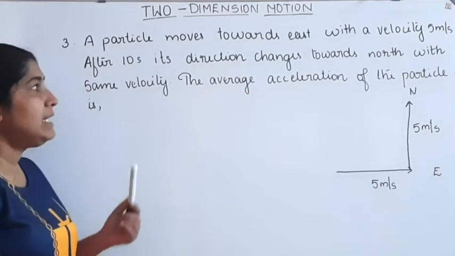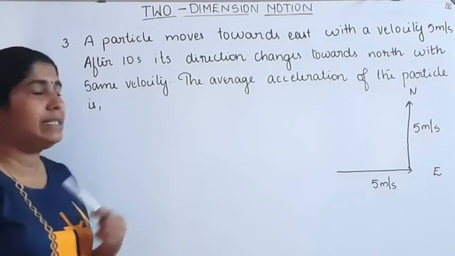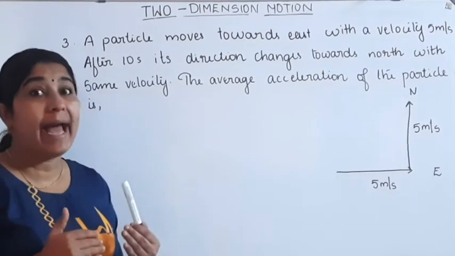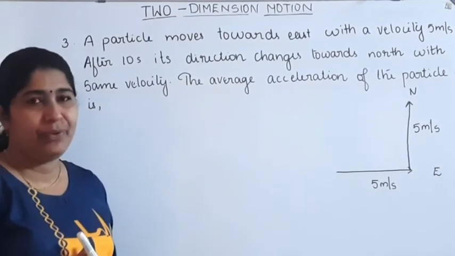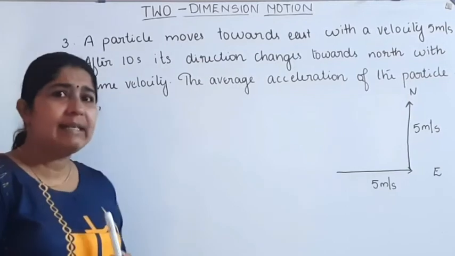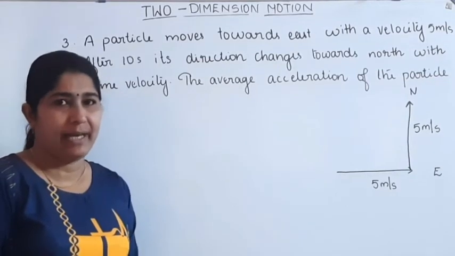We want to find out the average acceleration of the particle. We know that acceleration is equal to velocity by time.